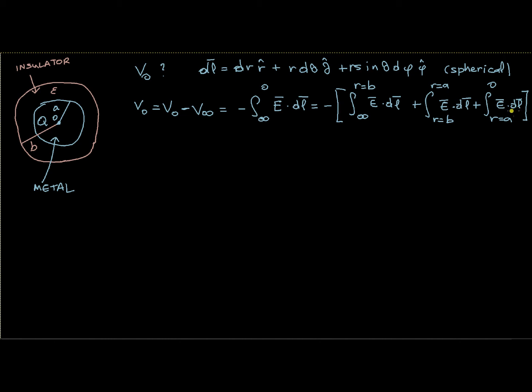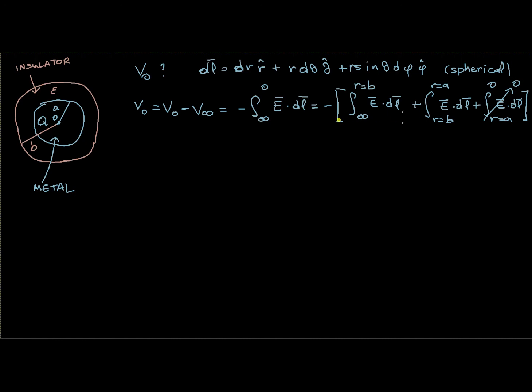Now, I did mention I found the electric field inside the sphere to be 0, so I'm very happy I can say that the last integral goes to 0. Since this is a path integral, I have to choose a path to calculate it.